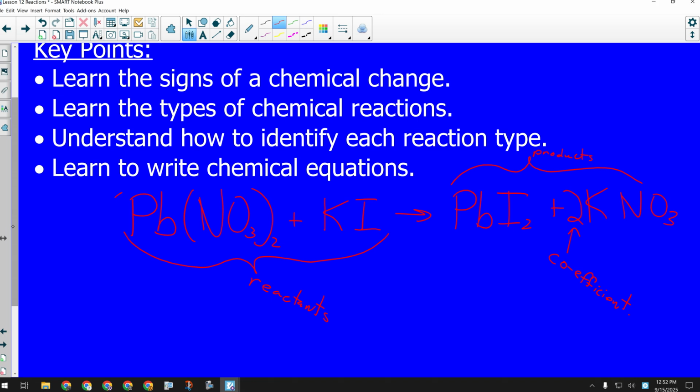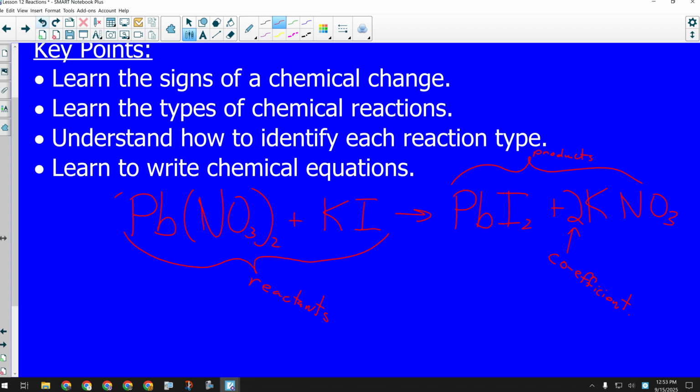Now I have to put a number there to say I have 2 nitrates. I didn't do this. That would have also said I have 2 nitrates, but what would have been wrong with that? Is that how potassium and nitrate go together? So when I'm messing around with the reaction, I can't change what I have.